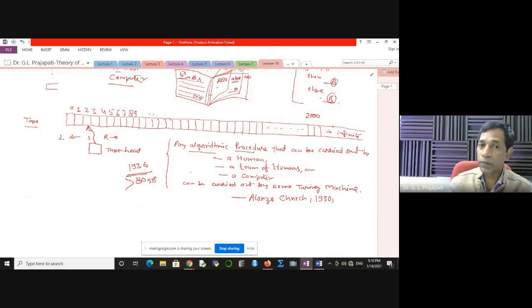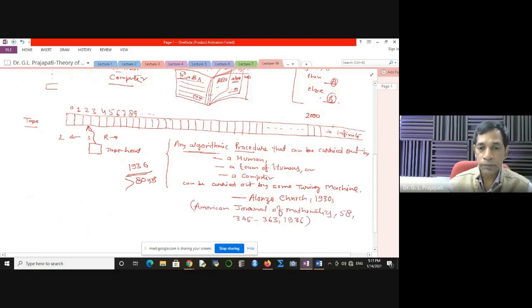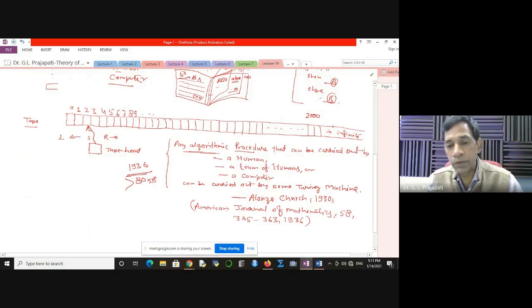We can't say that we can solve this problem but the Turing machine is not able to solve it. We have no such experience even after more than 80 years. This is the statement given by Alonzo Church during the 1930s in a paper published in the American Journal of Mathematics. So you can go to this paper for more description.